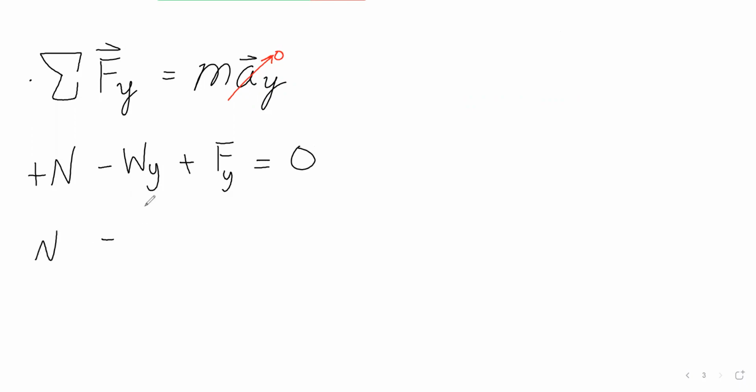So again, we get 0. So normal force minus mg cosine theta plus Fy, that would be F cosine phi. Oh no, F sine phi.